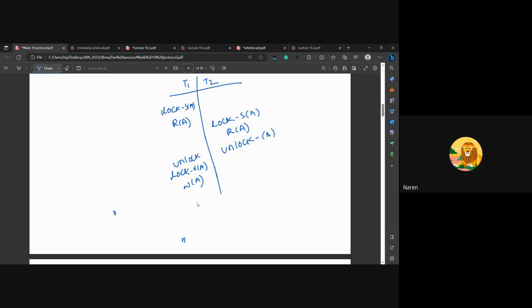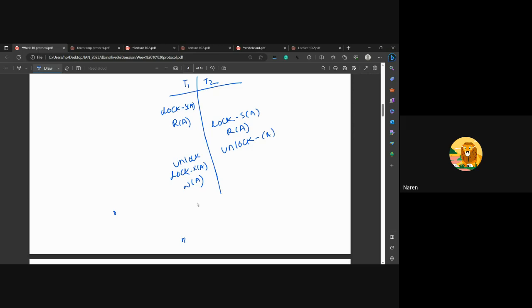T2 can unlock. Without T2 unlock, we cannot apply exclusive lock. Because if any shared lock is present on any of the transactions, then we cannot lock it exclusively. So all the shared locks have to be unlocked first, whatever number of transactions are there.